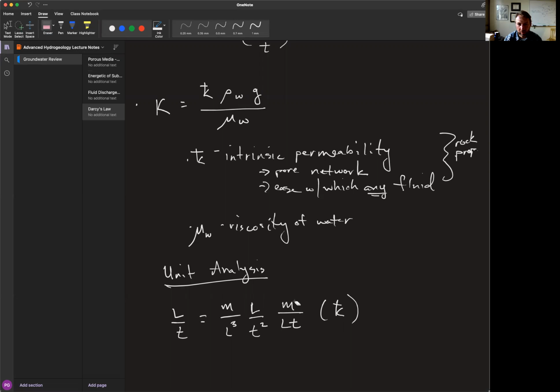The units of viscosity are mass over length time, but viscosity in this equation is in the bottom, so I've got to flip this. So this is length over time over mass.